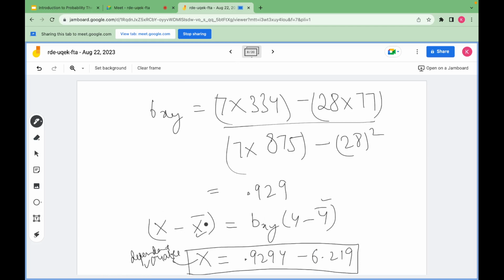I put the values x bar is 4, bxy is 0.929, and y bar is 11.